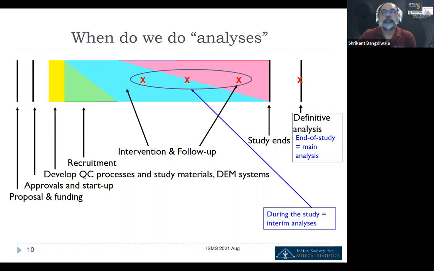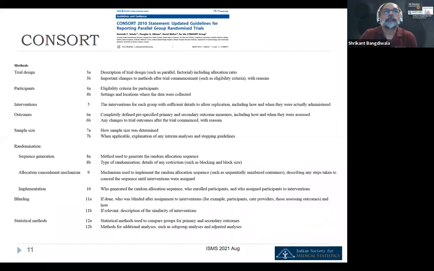The others that are done during the conduct of the study are called interim analyses. And we will talk about what these interim analyses are. So you may or may not be familiar with the CONSORT statement.